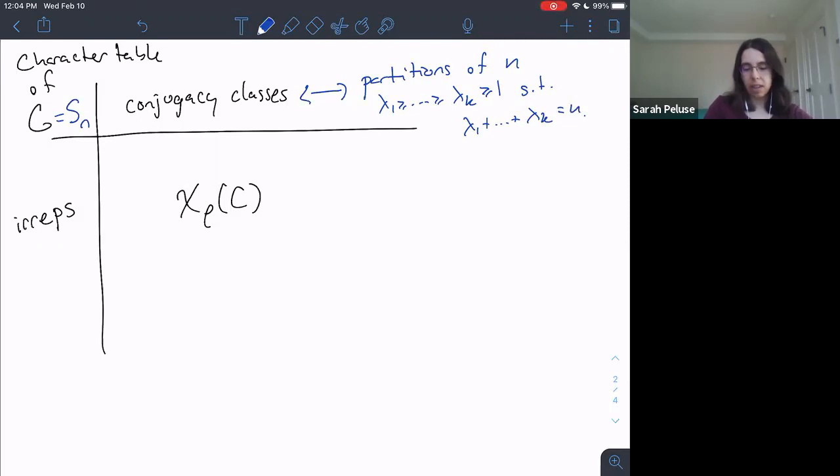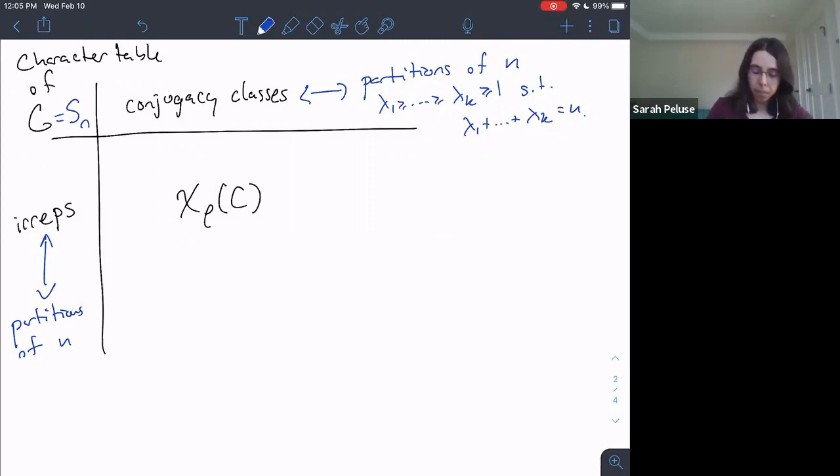And the correspondence is, a conjugacy class of permutations is determined by the cycle type of those permutations. You just take the lengths of all the cycles appearing, and that gives you a partition of n. There's also a natural correspondence between irreducible representations of Sn and partitions of n. This is a very beautiful correspondence, but I won't have time to describe it to you.